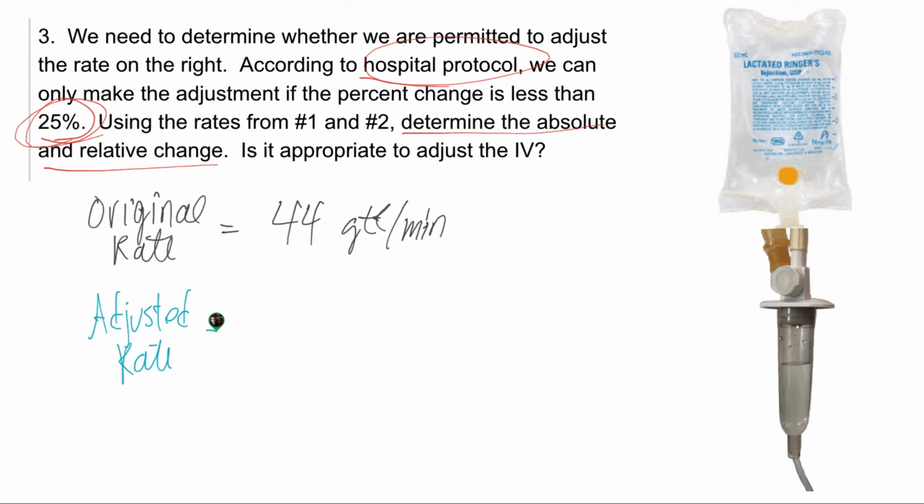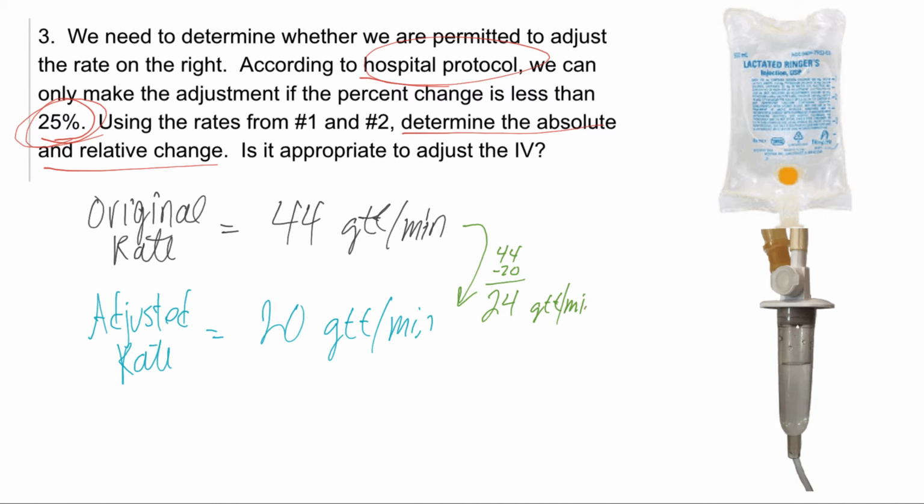What we need to change this to is 20 drops per minute. So the absolute change, if I just look at these and compare the original value to this new value, if I subtract those, I see this is a reduction of 24 drops per minute.